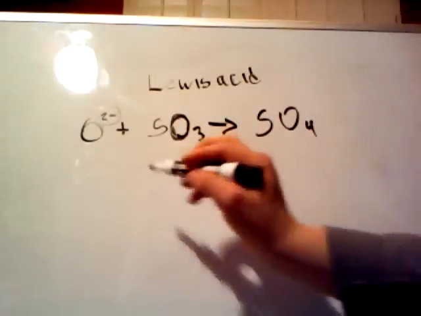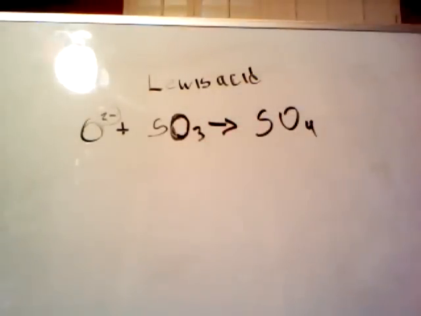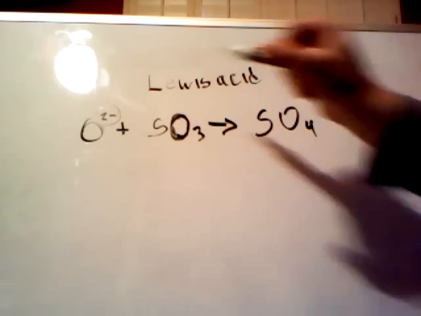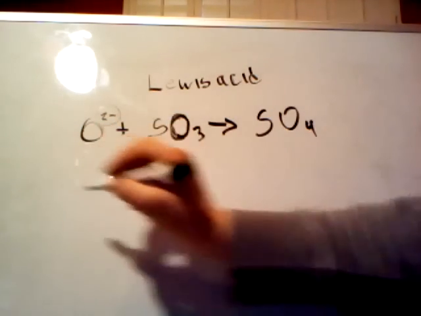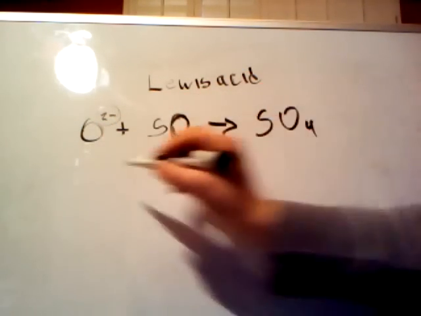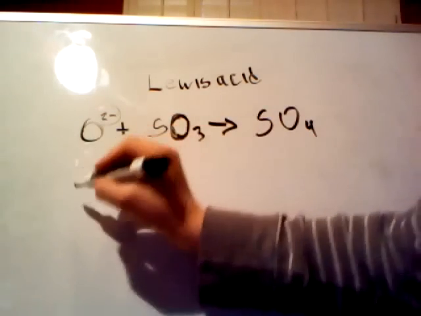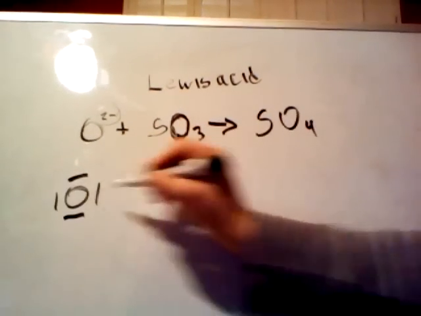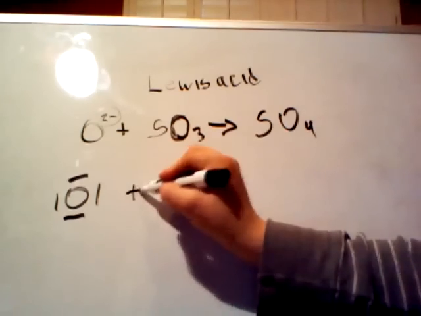So, a Lewis acid is any substance which can form a covalent bond to another substance by accepting electron pairs. In order to understand what that means, I have to draw out the Lewis structure for all of these things. So, for oxygen, I'm going to cheat, I'm not going to do the dot model. I'm just going to do this. That adds 2.